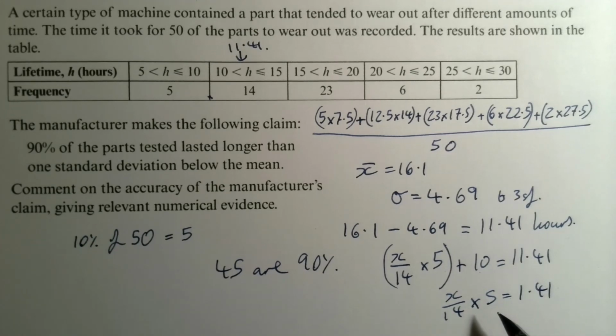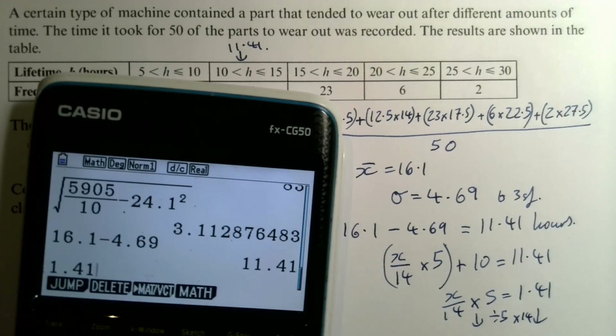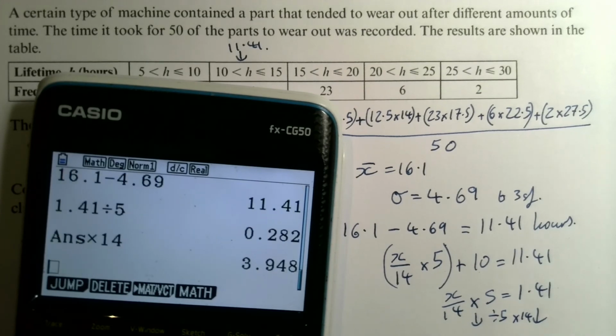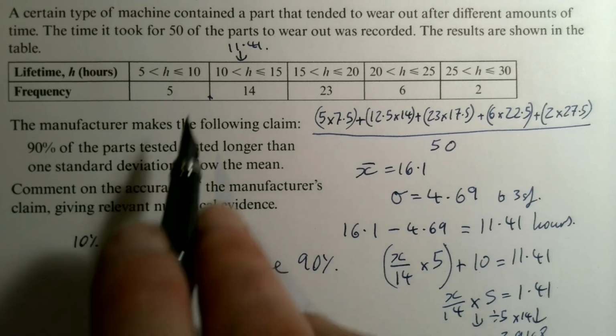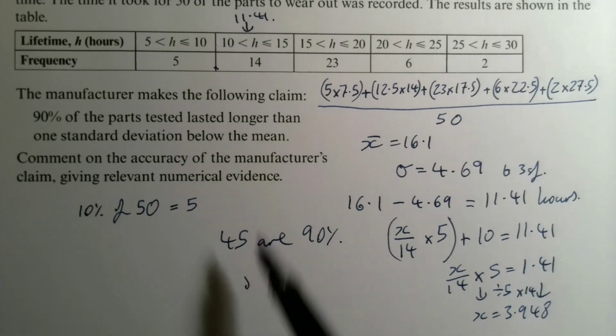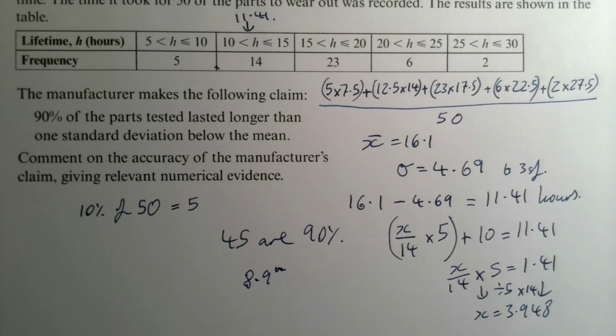And then if I divide by 5 but multiply by 14, so I'm going to do both, divide by 5 and then times by 14. Let's do that now. 1.41 divided by 5 times by 14, x is 3.948. So it's that far through. So that's like the 5 plus 3 is like the 8.9th one, so almost 9.